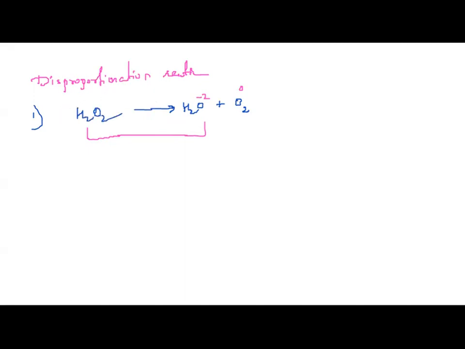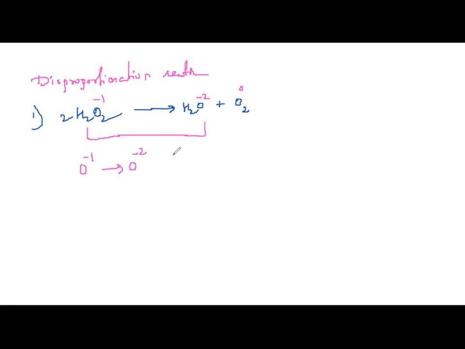Here it is hydrogen peroxide, therefore oxygen is -1. So oxygen from -1 is becoming oxygen -2. So -1 is becoming -2, a decrease in the oxidation number.